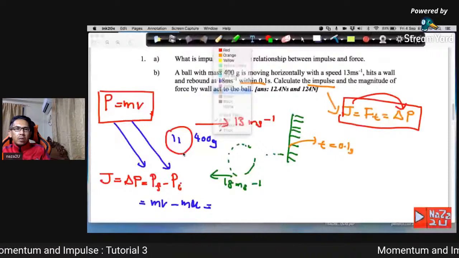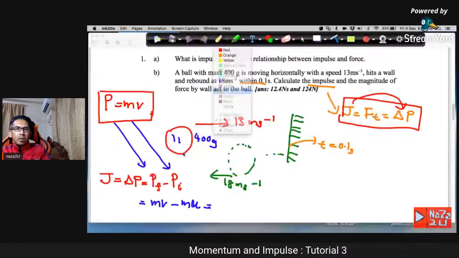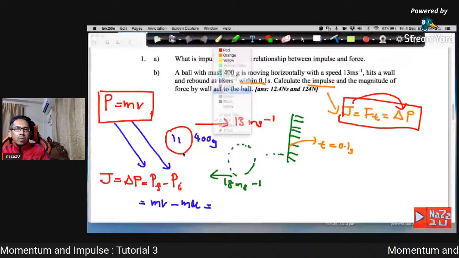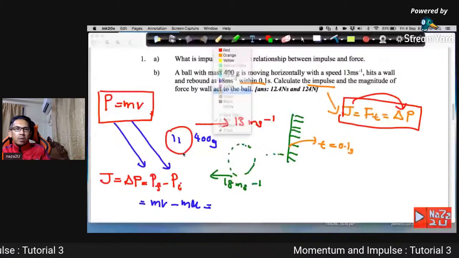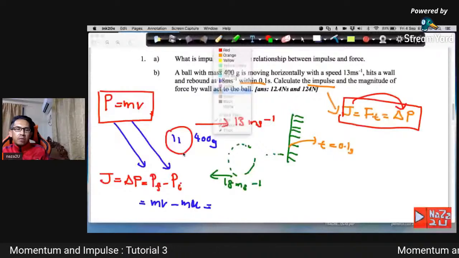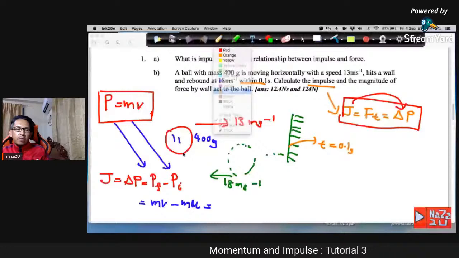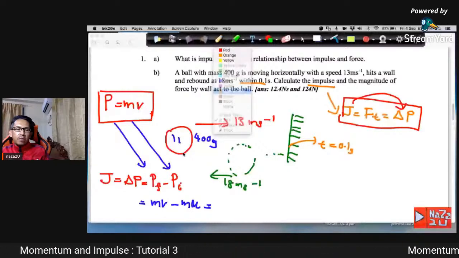So we have m(v minus u). Here v, the final velocity, is 18, but the direction is to the left, so you must use negative 18, and minus u, the initial velocity, is 30.